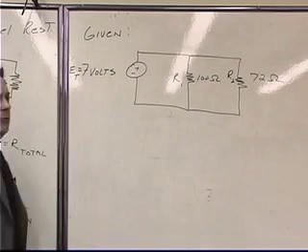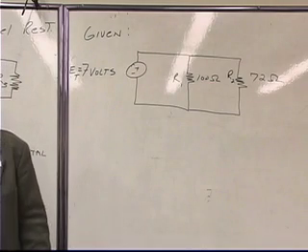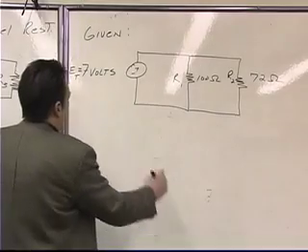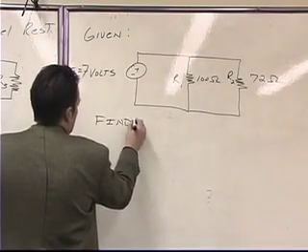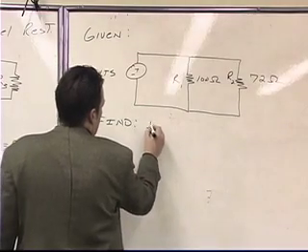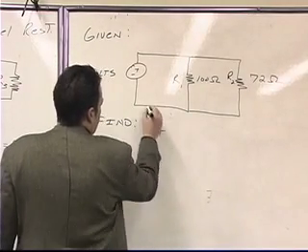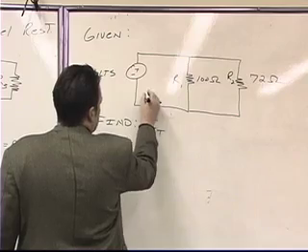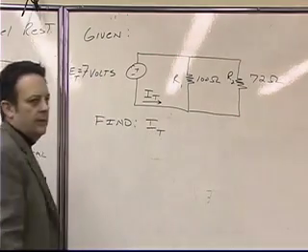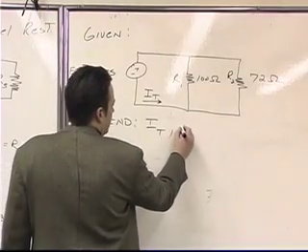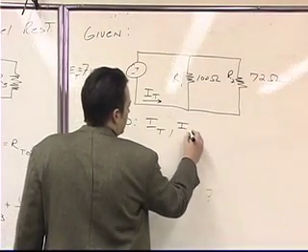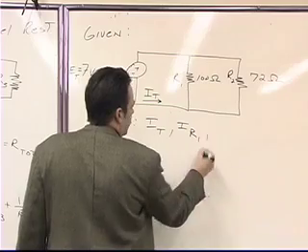And let's say what we're asked to find are the following. We're asked to find the total current flowing in the circuit, which would be the current leaving the source. We're also asked to find the current flowing in resistor number 1, and the current flowing in resistor number 2.